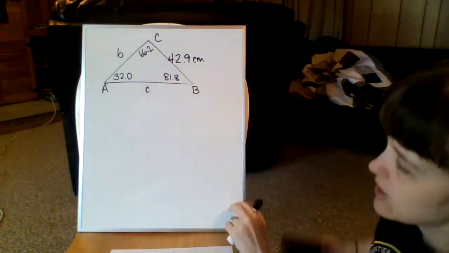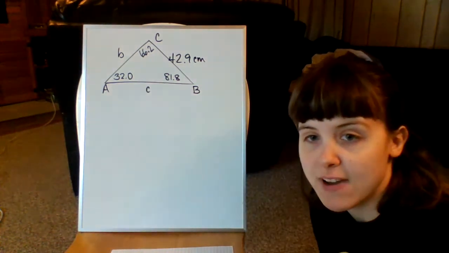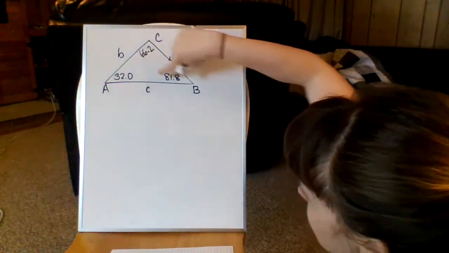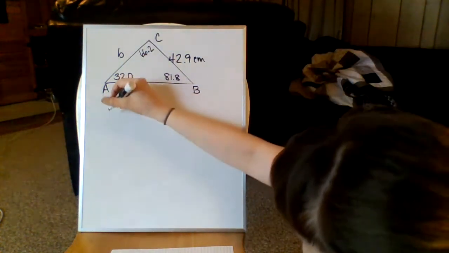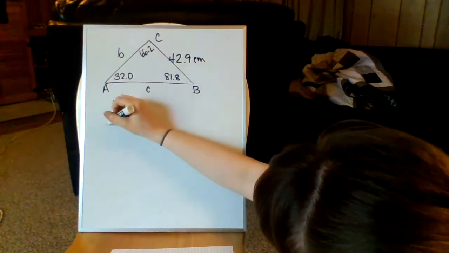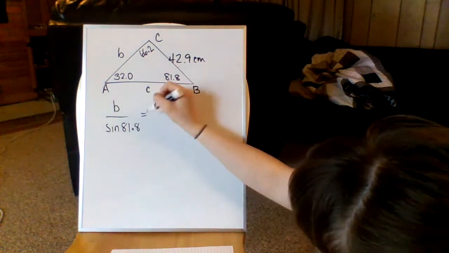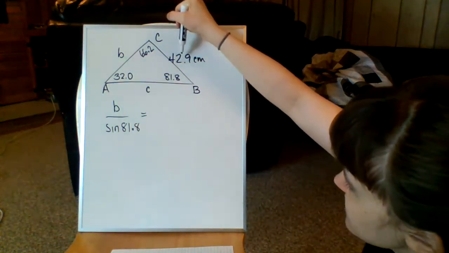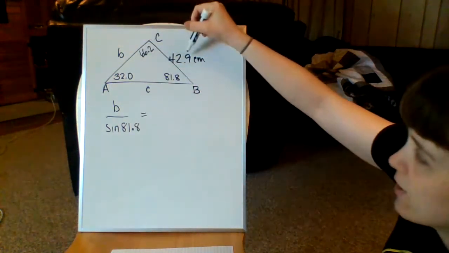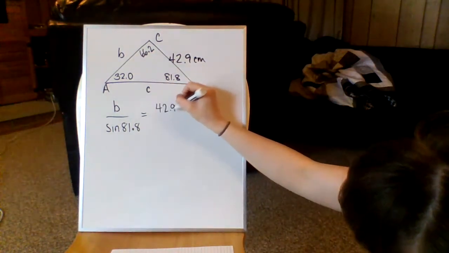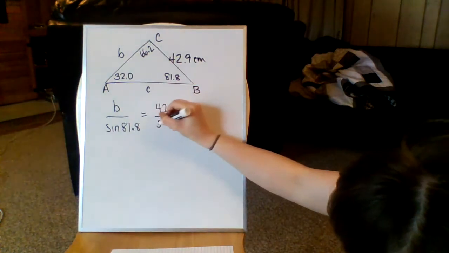Okay, so now we're going to use our law of sines to find side B. Side B is opposite 81.8, so we're going to start B over sine 81.8 equals, since I have this side and this angle, 42.9 over sine 32.